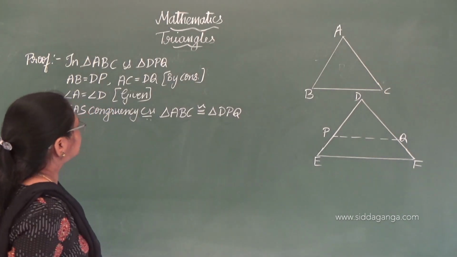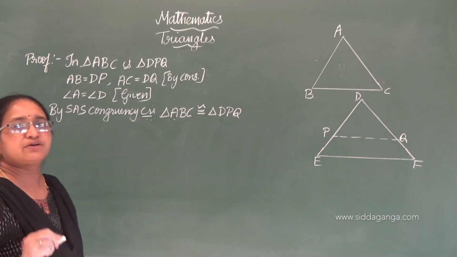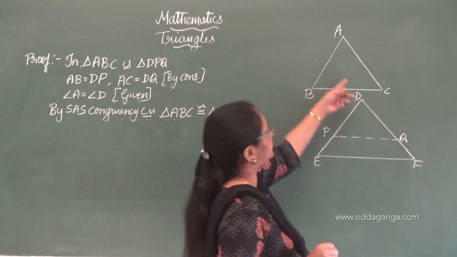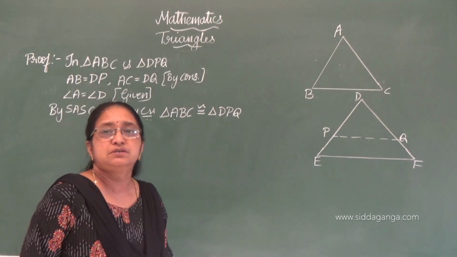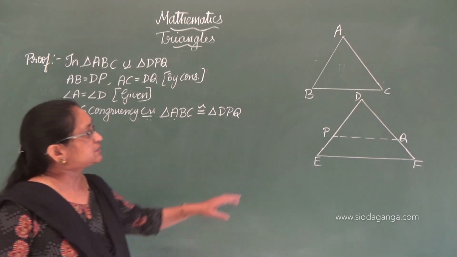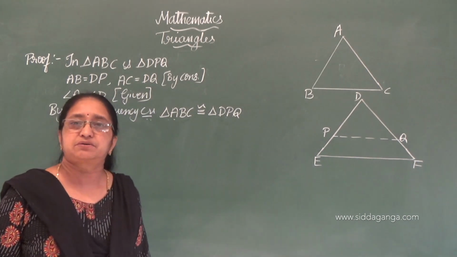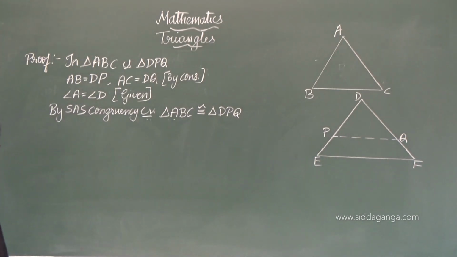Okay. Now, when these two triangles are congruent, definitely all the elements will be equal. Yes or no? According to the congruency rules, we can take all the parts equal, CPCT, corresponding parts of the congruent triangles.